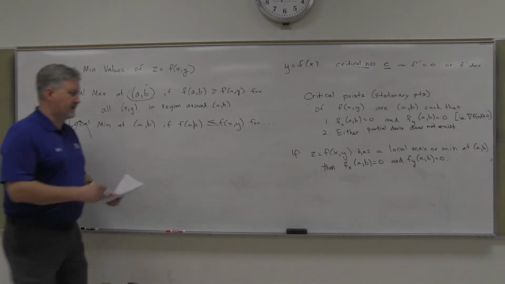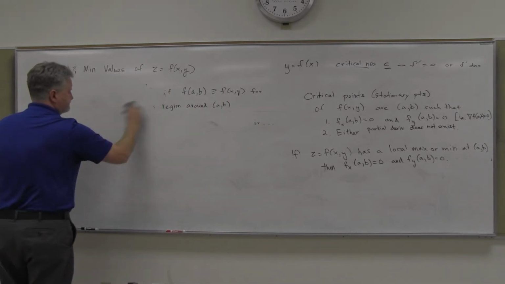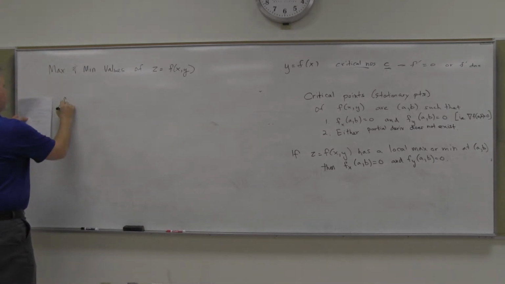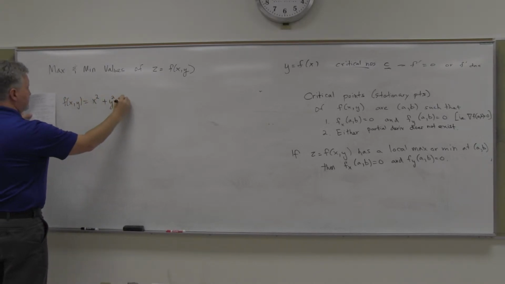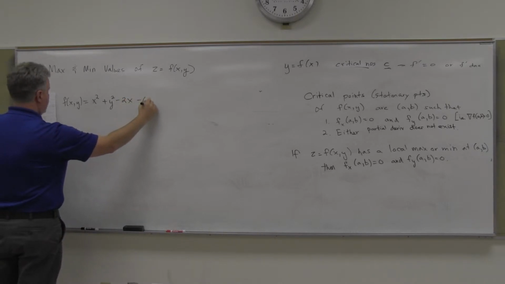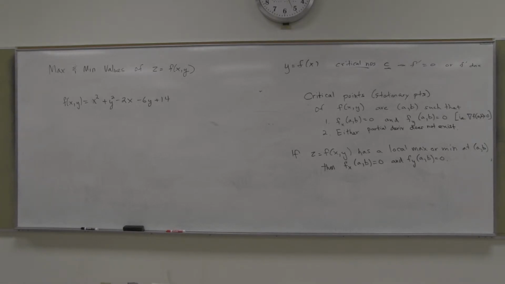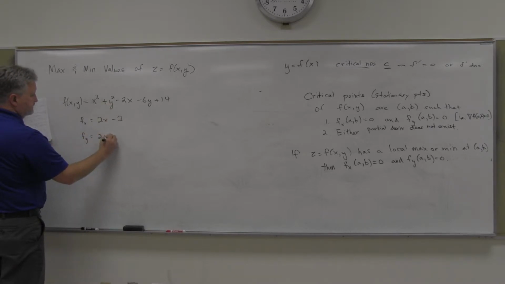And here's an example to show you how it works. Say we've got f of x, y equals x squared plus y squared minus 2x minus 6y plus 14. The partial of f with respect to x is 2x minus 2, and the partial with respect to y is 2y minus 6.